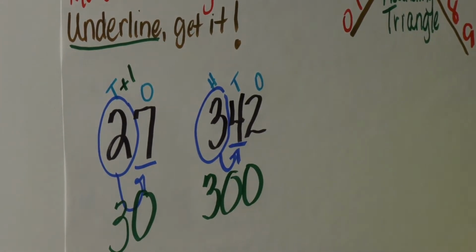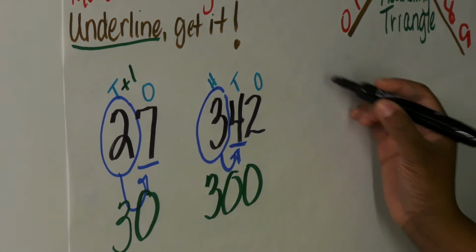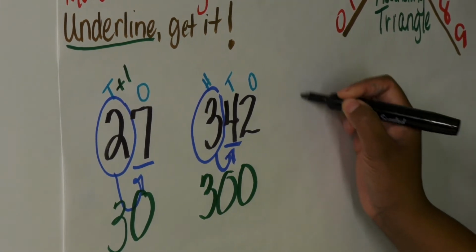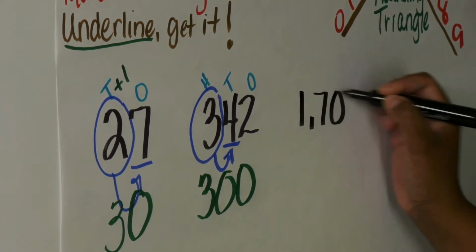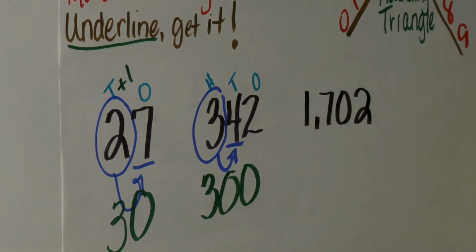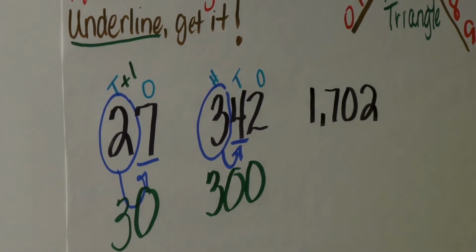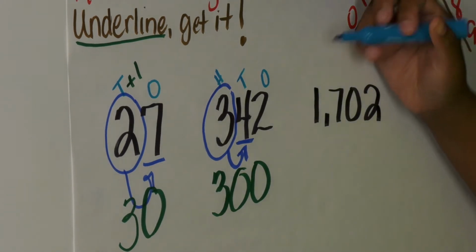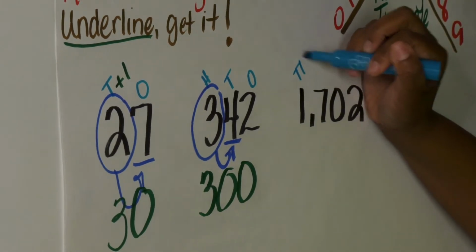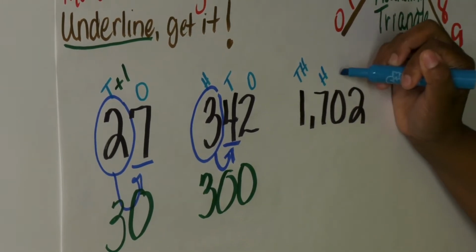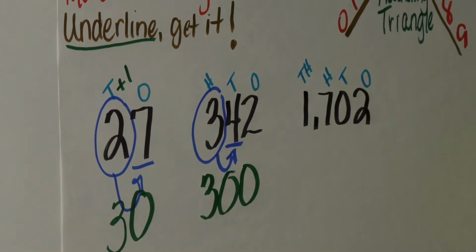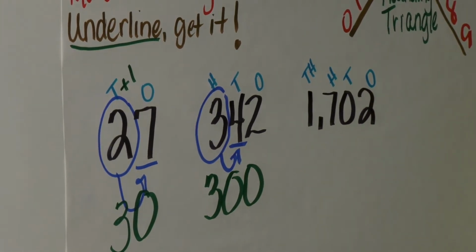Okay, now let's move to a 4-digit number with the thousands. 1,702. Okay, let's first understand our place values. I'm going to use TH for thousands, hundreds, tens, and ones. Know your place value, okay?